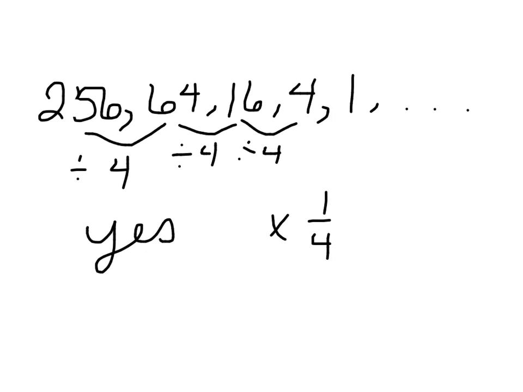That is called the common ratio. Okay? The common ratio this time. Instead of the common difference like we did with adding and subtracting, this one's going to be a common ratio. So again, even though you guys identified that we're dividing by 4, it's really multiplying by a fourth.